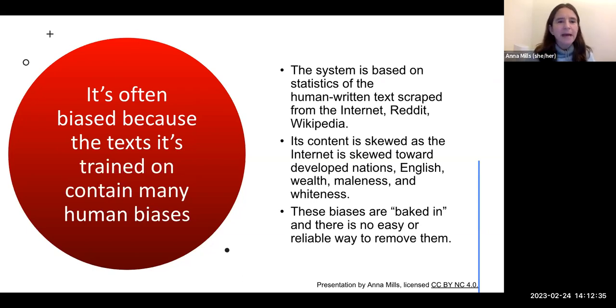Even though I said it's a mathy math, we should note that again, it is trained on human written text. So its predictions are often biased because it's trained on text scraped from the internet, from Reddit, from Wikipedia, and its content is skewed as the internet is skewed toward developed nations, English, wealth, maleness, whiteness.